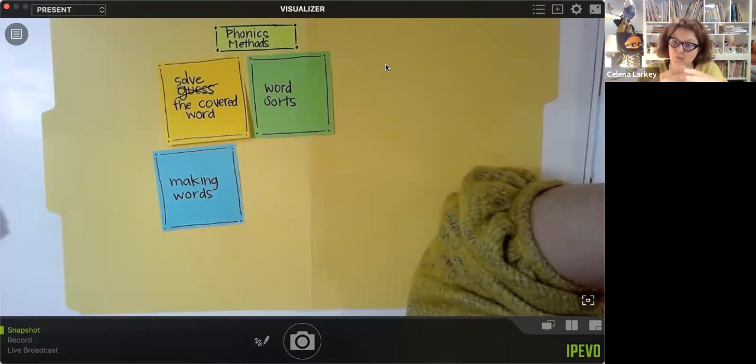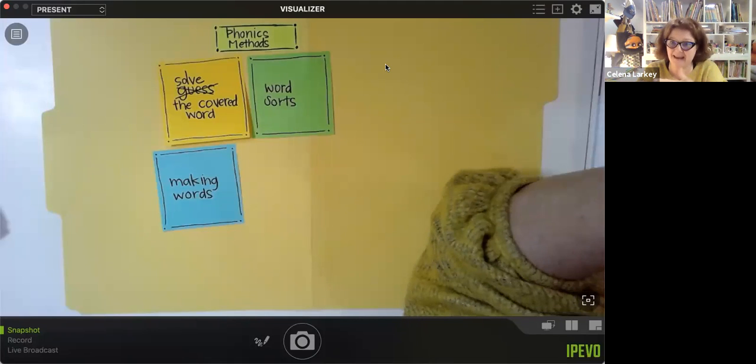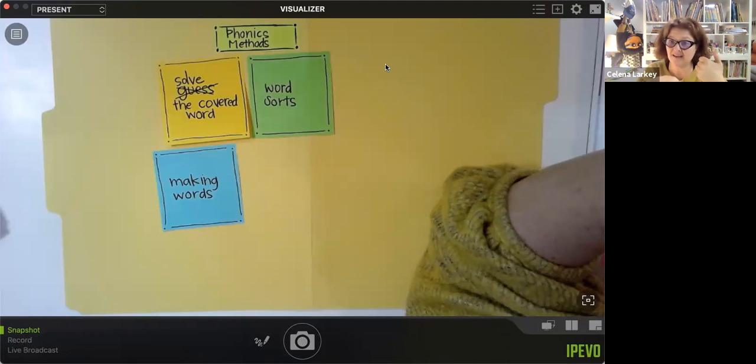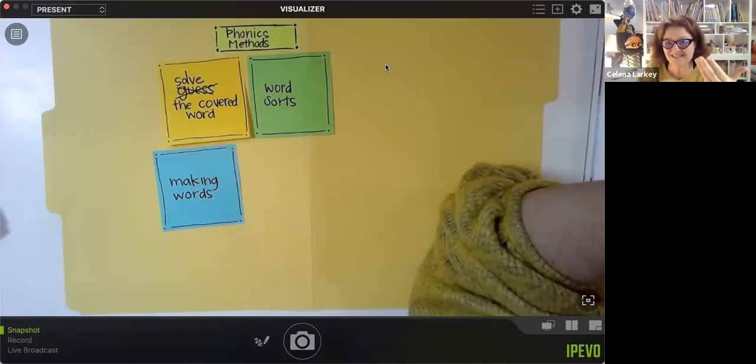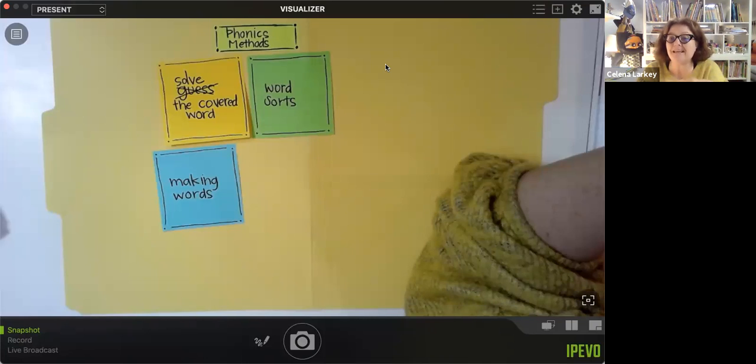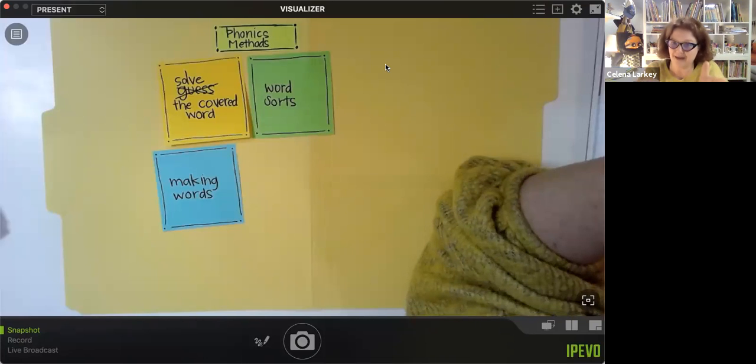But the idea that we can take words and we can make them and break them using letters, parts, patterns, syllables, right? That's what making words is all about.